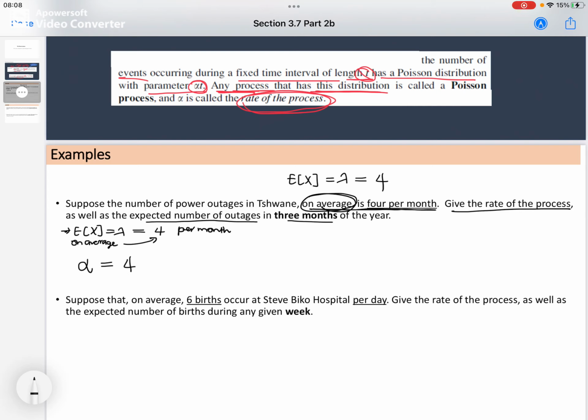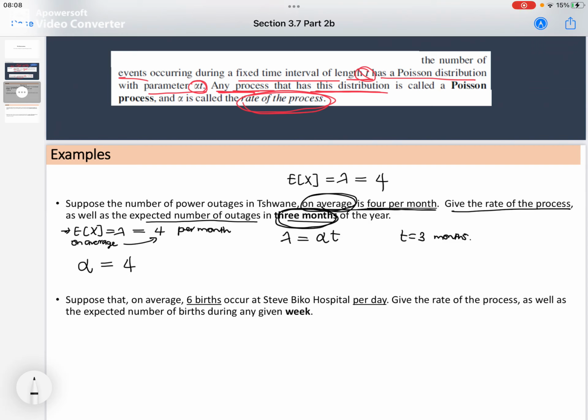Now the Poisson process comes in when we change the time. So now we're no longer working with per month, we are interested in the number of events that would occur in 3 months, right? So the Poisson process says then lambda will be equal to alpha times t. In this case, t is equal to 3 months.